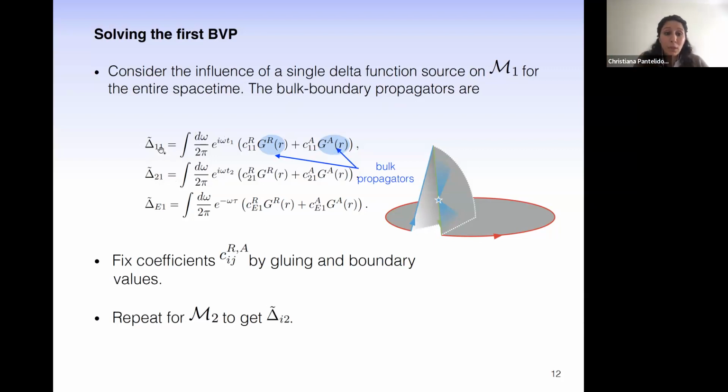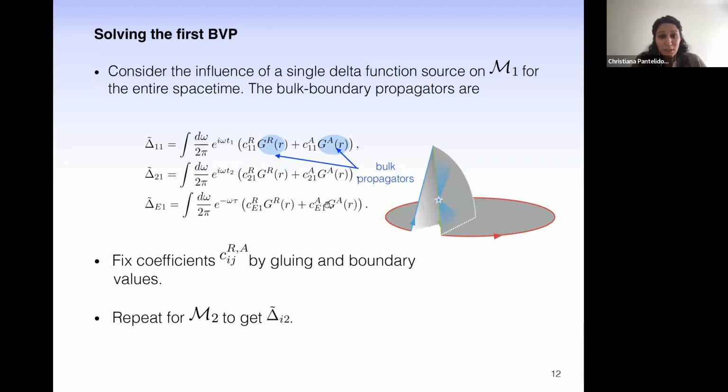Each of these three bulk to boundary propagators can be written in terms of G_R and G_A, which are the bulk propagators, with some unknown constants in front of them, C_IJ^R and C_IJ^A. Our task here is to find these unknown constants.